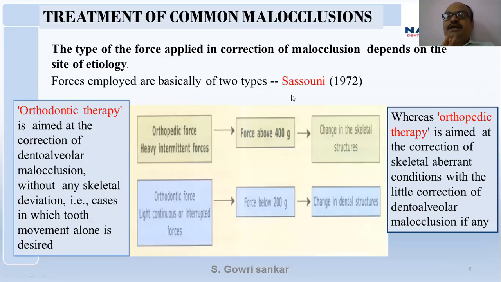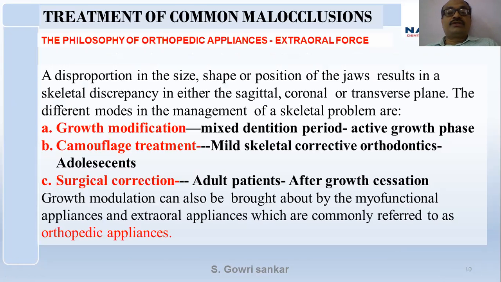So, treatment of malocclusions involves orthodontic therapy. Orthodontic therapy is nothing but the application of forces which move the tooth or dentition. It also involves what is called orthopedic forces, which are aimed at the correction of skeletal aberrant conditions, usually taken up during the growth phase.